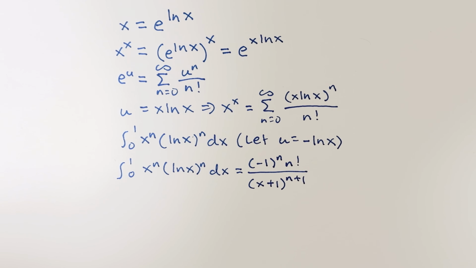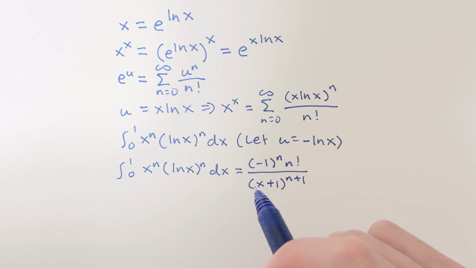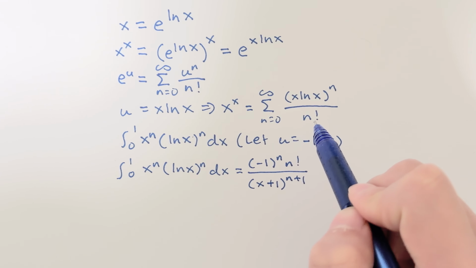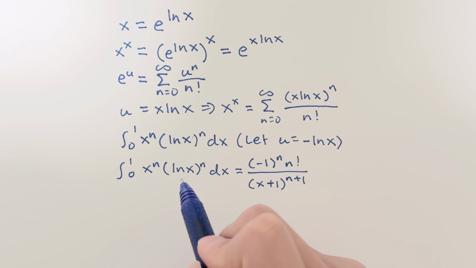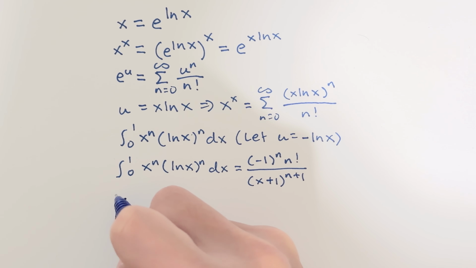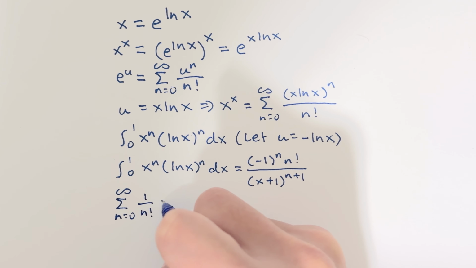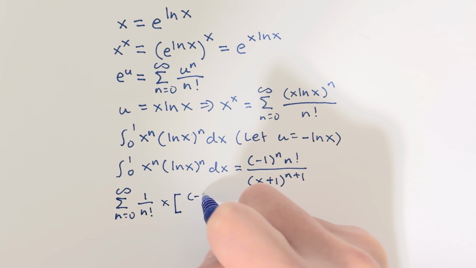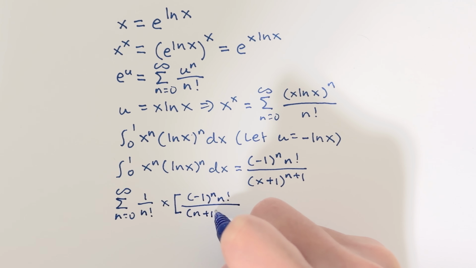So, notice how the n factorial appears. Now if we put it all back together, our sum was the summation n equals 0 to infinity of 1 divided by n factorial times x ln x to the power of n. So we can rewrite this as the summation n equals 0 to infinity of 1 divided by n factorial times negative 1 to the power of n times n factorial divided by n plus 1 to the power of n plus 1.